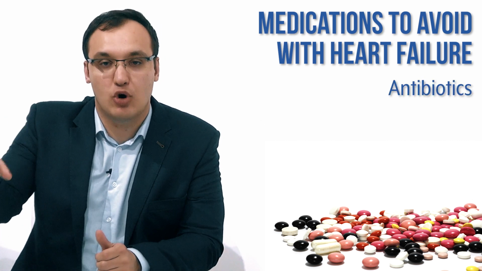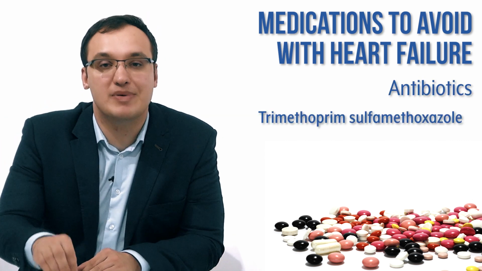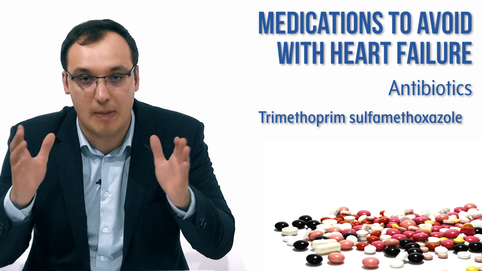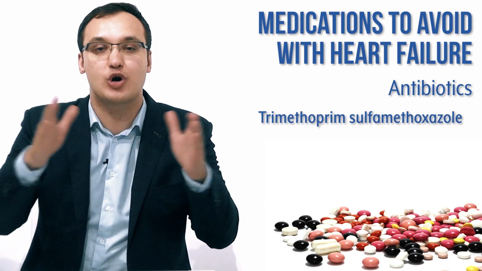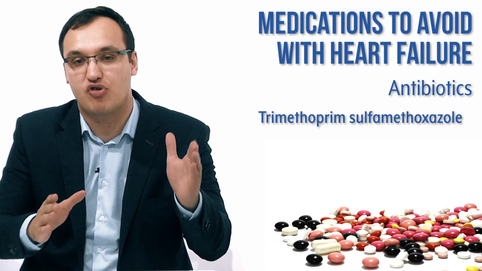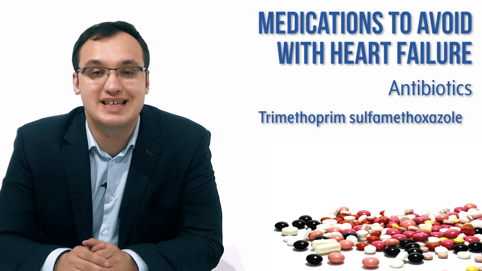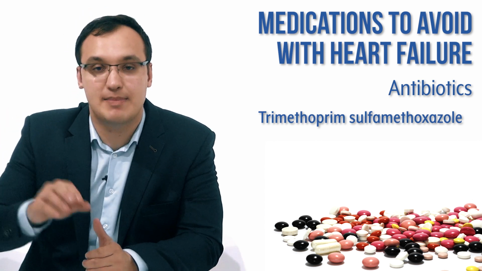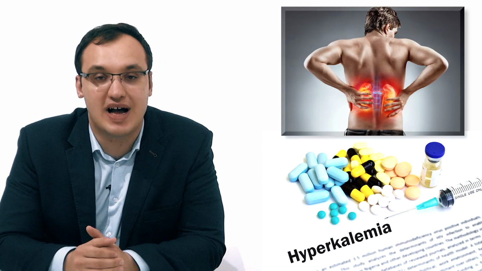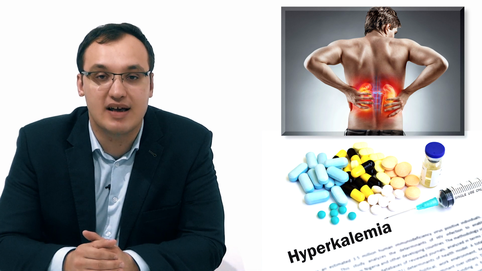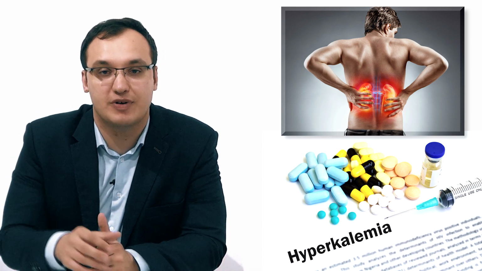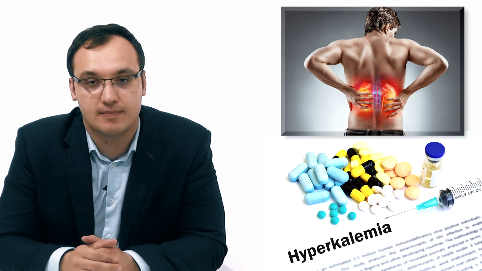When we give antibiotics like trimethoprim-sulfamethoxazole, this is one medication, not two, it's a very long name, I know. Together with ACE inhibitors and all these, it can cause severe acute kidney injury and hyperkalemia, which is a high level of potassium in the blood, and all these are very dangerous because you can get arrhythmias and die.